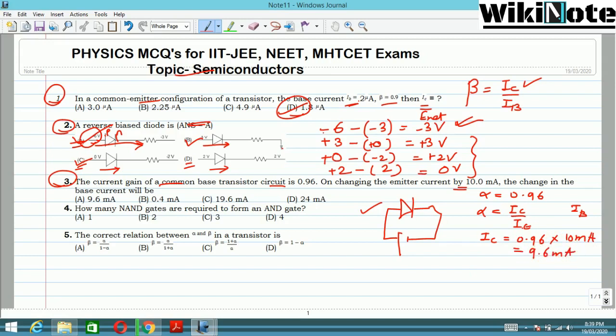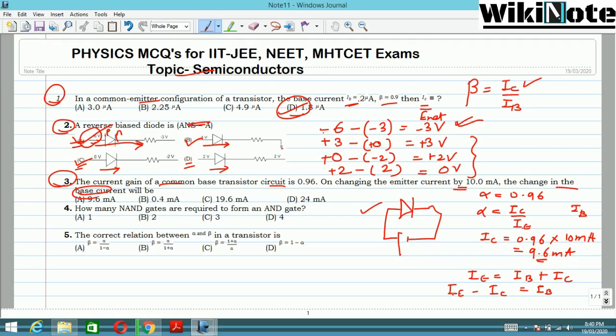And we know the relation IE is equal to IB plus IC. They have asked us about the changes in the base current. So base current is going to be IB. So IE minus IC, that can be my formula, is equal to IB. I know the value of IC, that is 9.6.